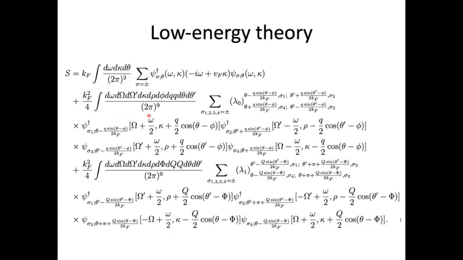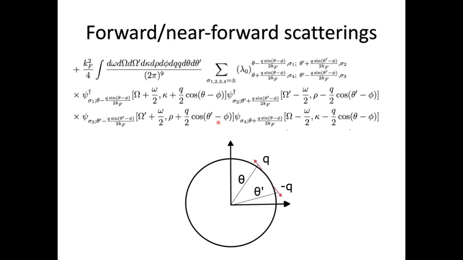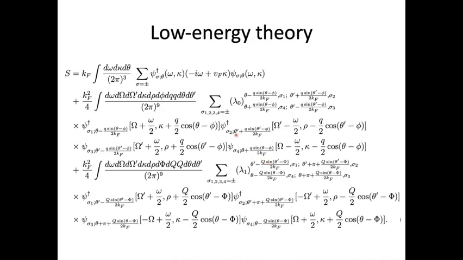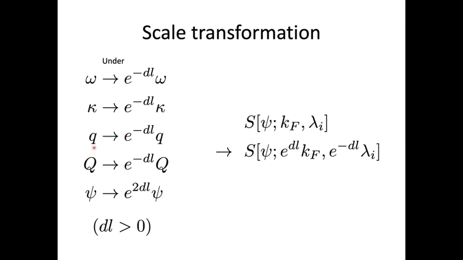And then, as you can see, as this electron receives some momentum q, the energy of the final momentum also changes linearly in q, generically, right? So therefore, we have to rescale the momentum transfer in the same manner. And similarly, the center of mass momentum of the Cooper pair needs to be rescaled by the same factor.